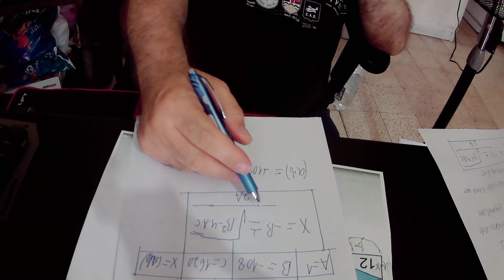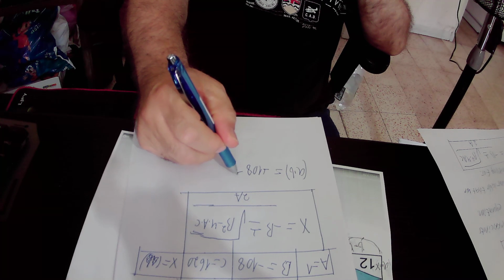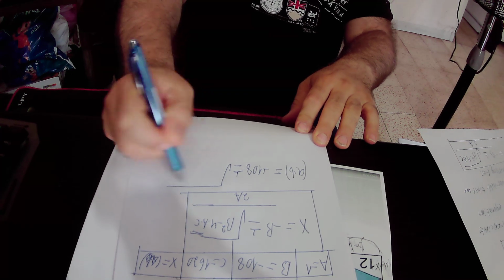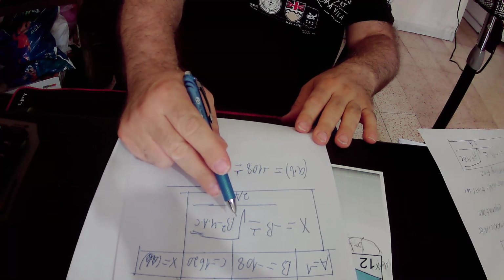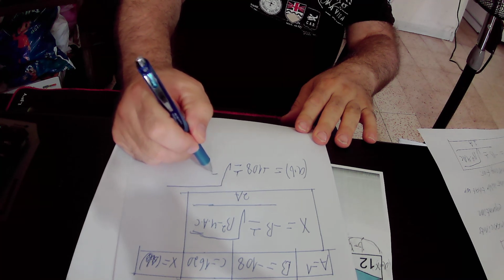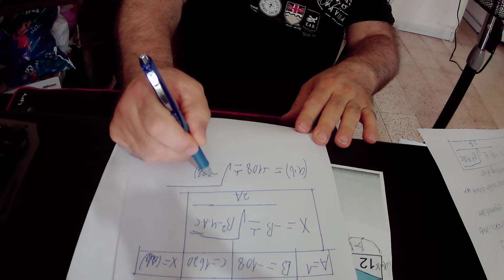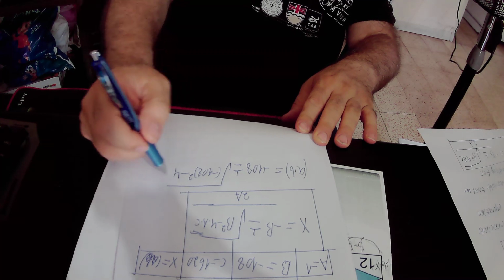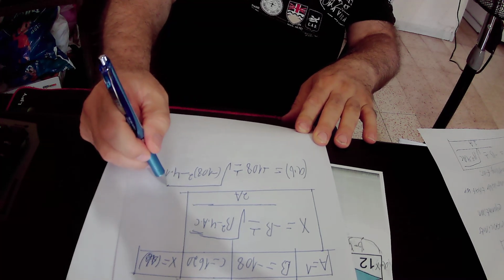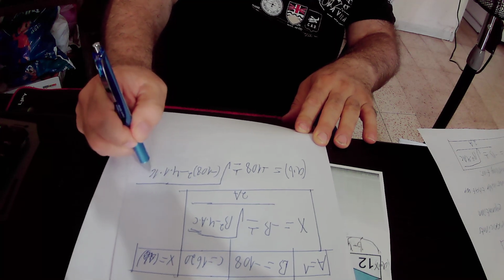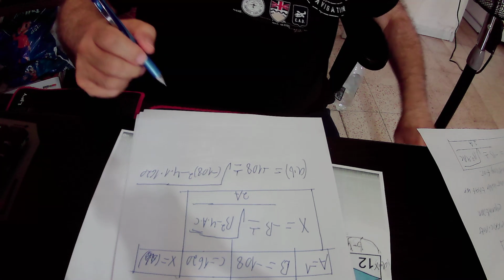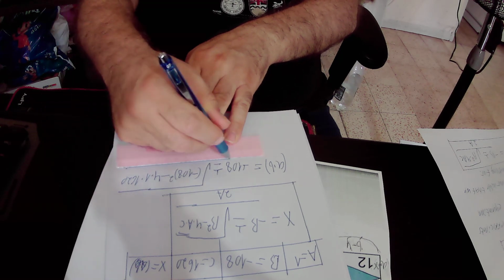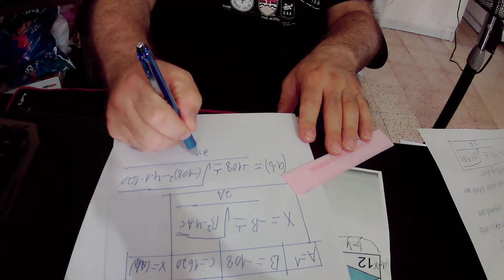So here minus b is 108 plus minus the root of b squared. b equals negative 108, so b squared is negative 108 squared, minus 4 times a, which is 1, times c equals 1620, all divided by 2 times a, and 2 times a is 2 times 1, because a equals 1.